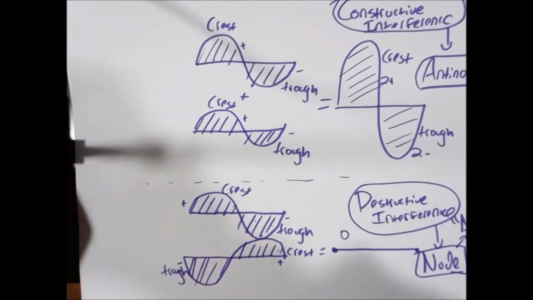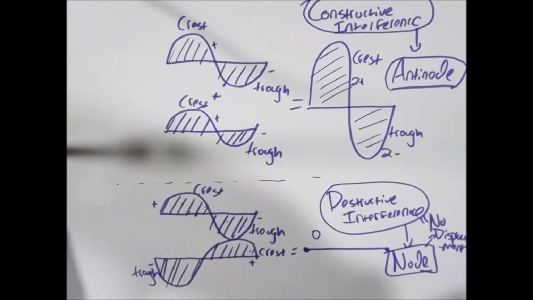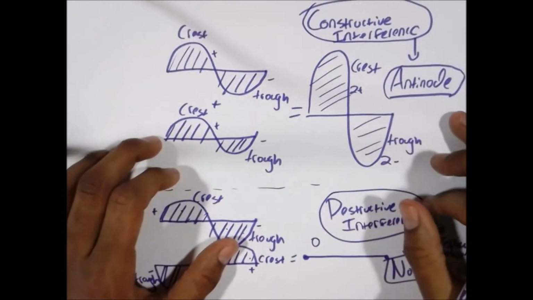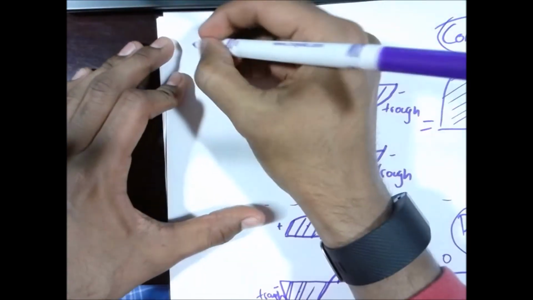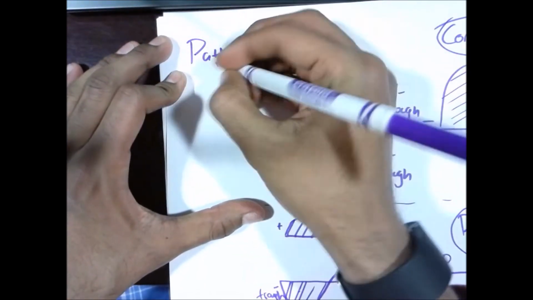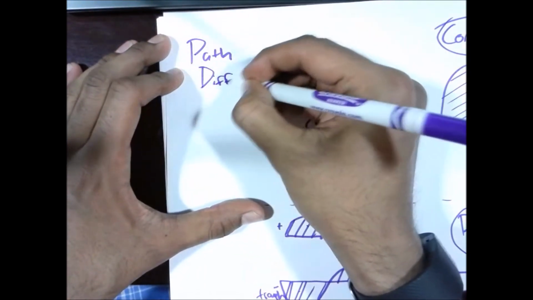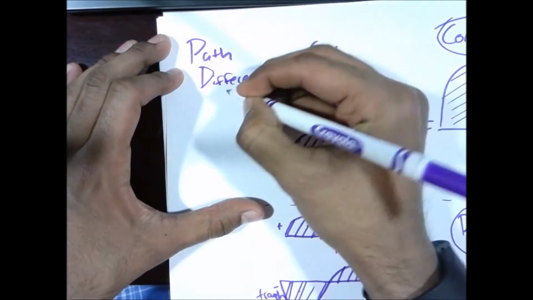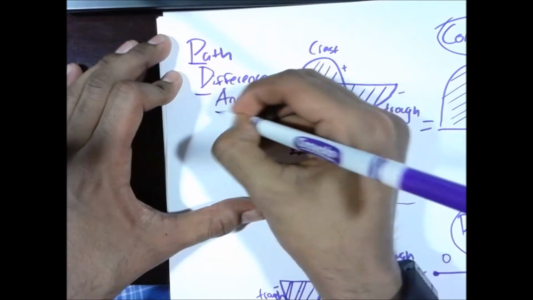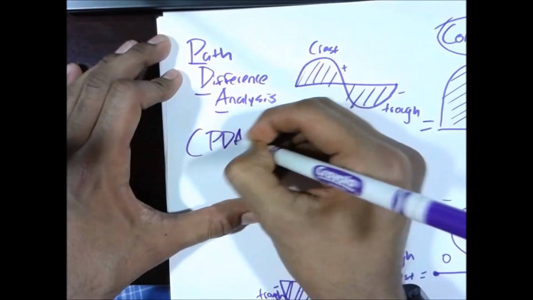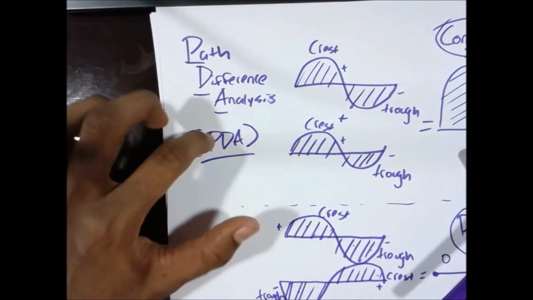So now we have some review of constructive and destructive interference. Now, how does that apply to what we're going to do in this problem? Well, it applies because we're going to do something called a path difference analysis, PDA as it were. Let's see how that's useful here.